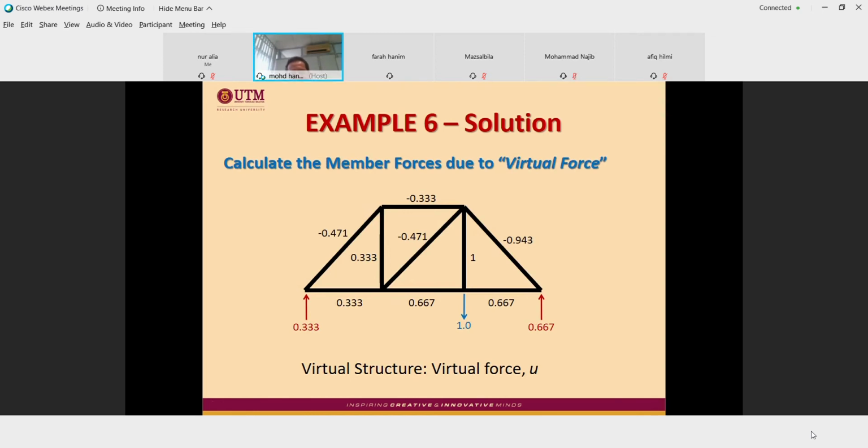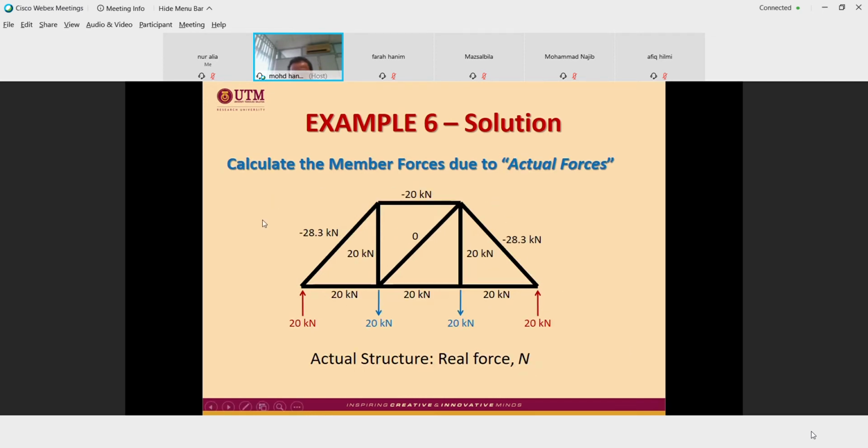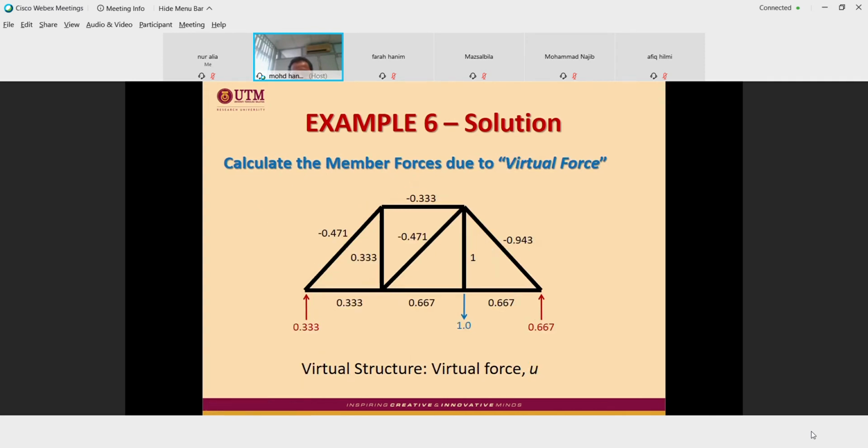Yes. This is 1 unit load. This is similar to this one. Calculate the reaction first here. There is no horizontal reaction because there is no horizontal force. By ratio, 1, 2, 3, it is 0.667 or 2/3, and this one is 1/3.